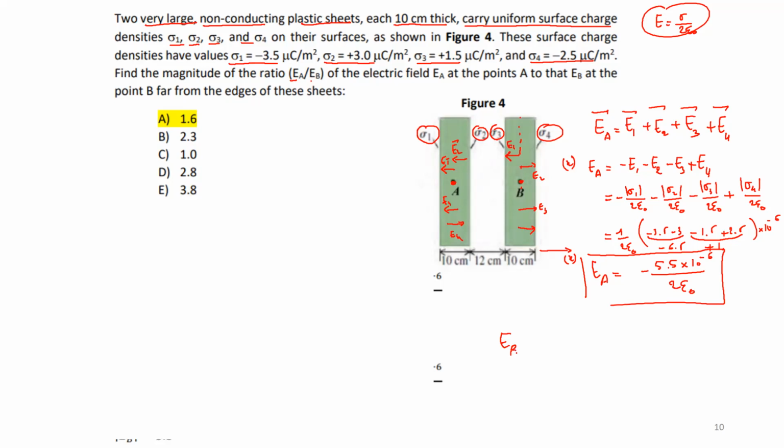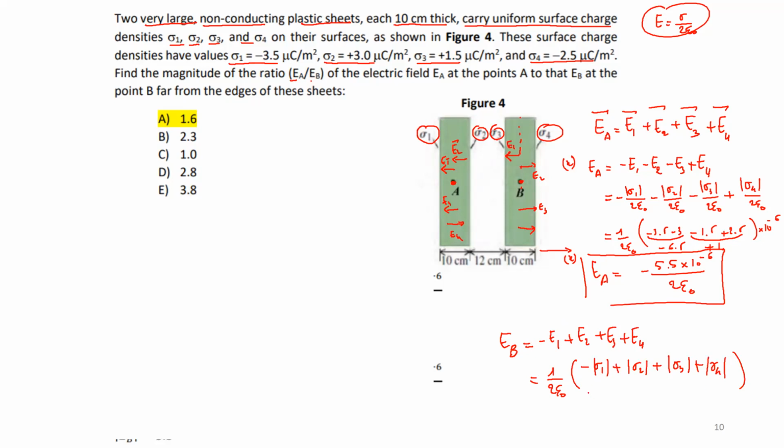EB will be what? Let me put: I'll have minus E1 plus E2 plus E3 plus E4. I'll have 1 divided by 2 epsilon naught times minus absolute value of sigma 1 plus absolute value of sigma 2 plus absolute value of sigma 3 plus absolute value of sigma 4.